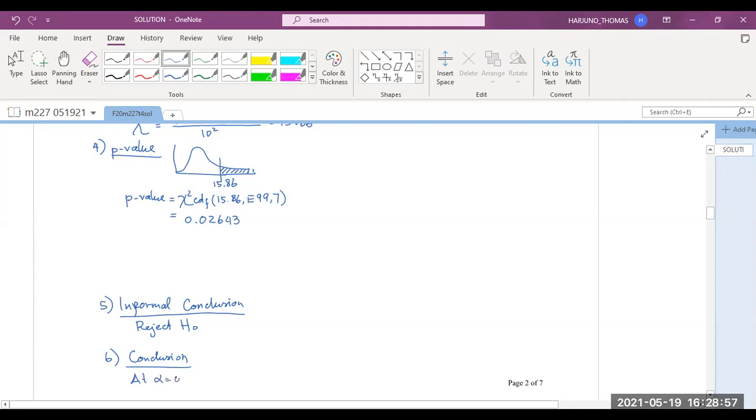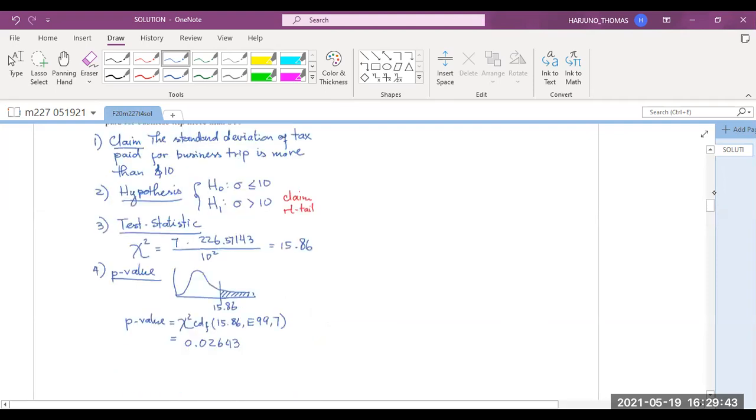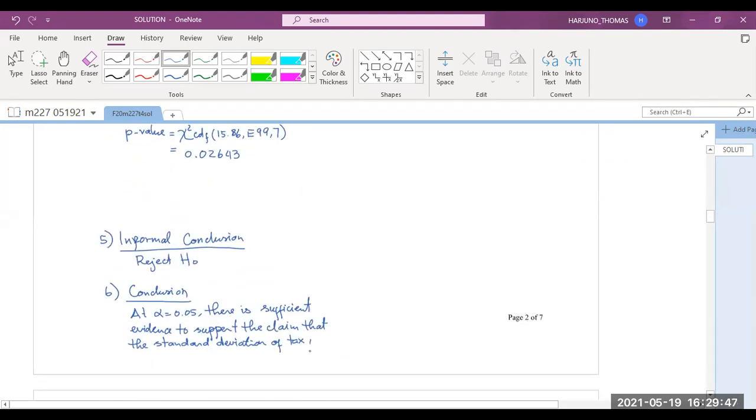At alpha equals 0.05, there is sufficient evidence to support the claim that the standard deviation of tax paid for business trip is more than $10.